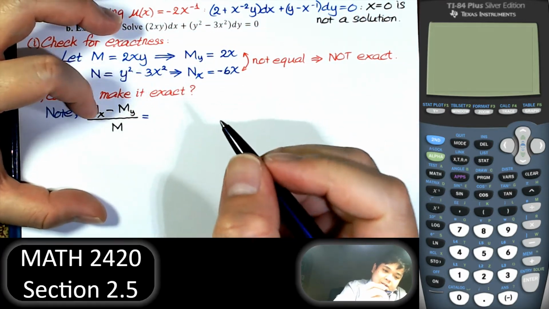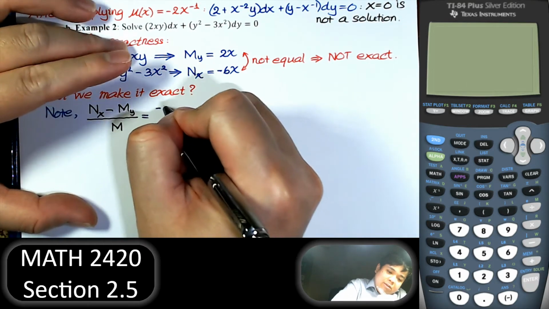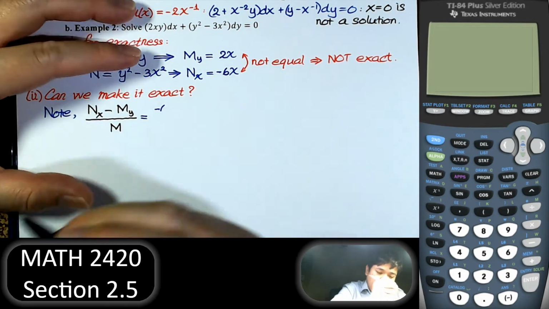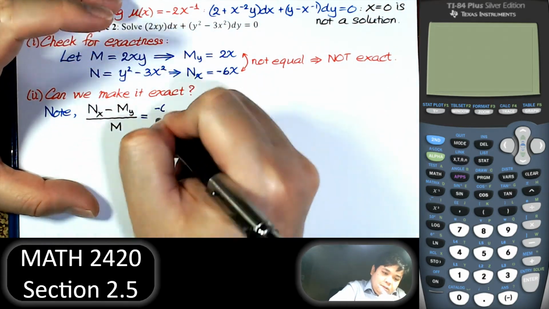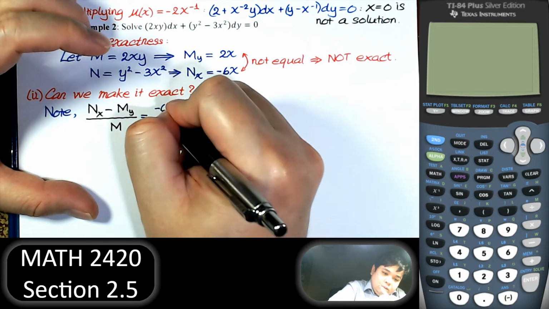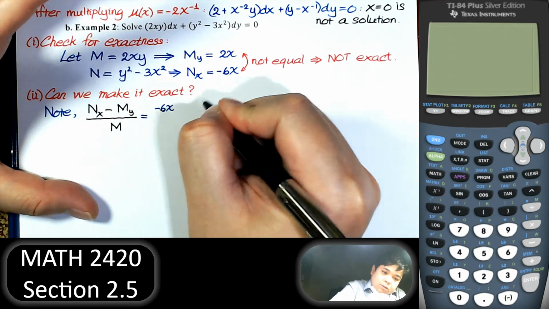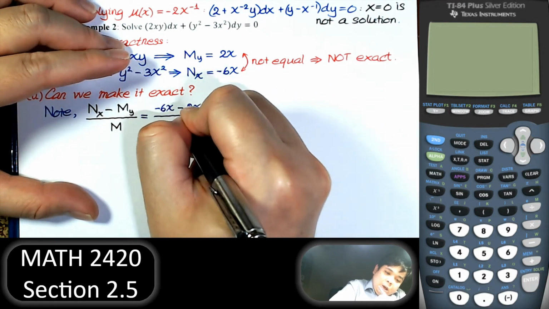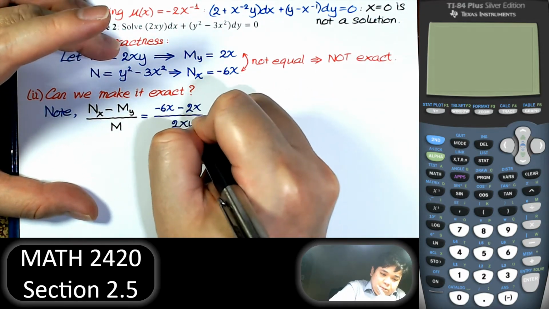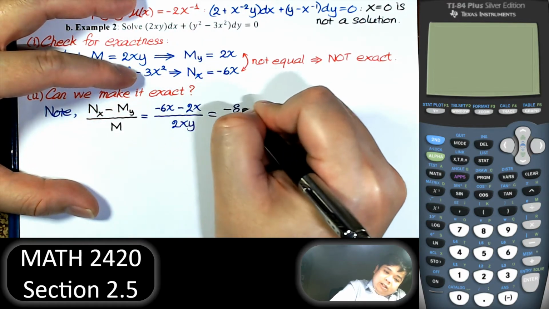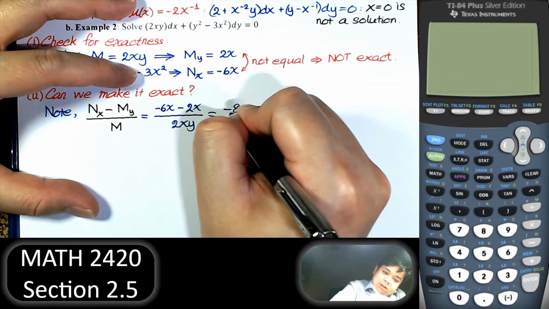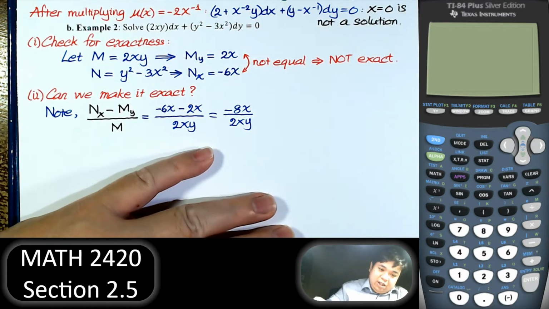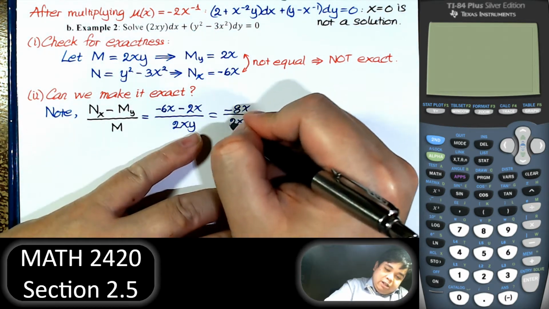So N_x is negative 6x, minus M_y over M. That is negative 8x over 2xy. The x and x cancel out, and negative 8 and 2 cancel out to negative 4.